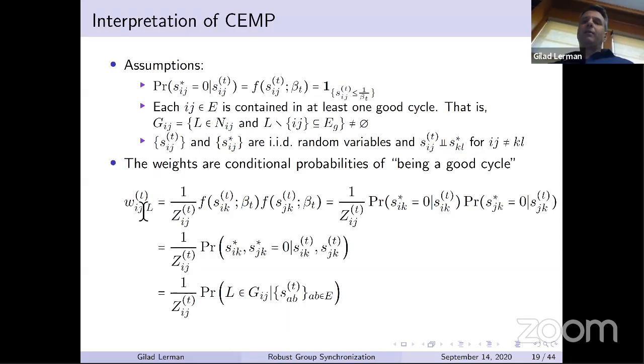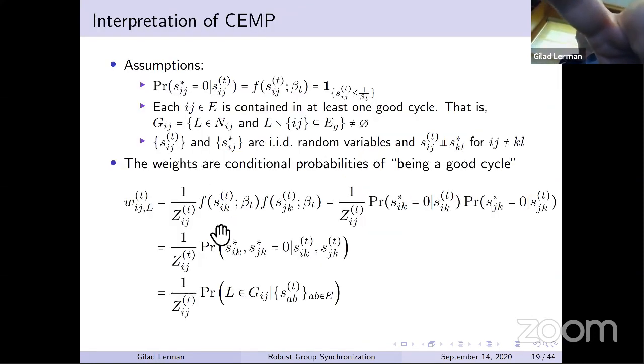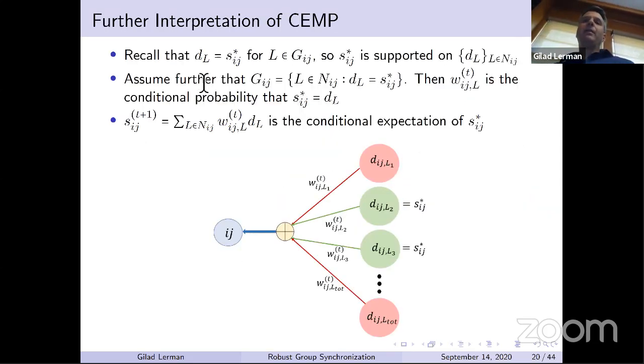I think I should have here t plus 1. So we got the conditional probability that L is good. Now I told you before that if L is good, then you have the equality d_L equals s_ij star. So let's assume that both are equivalent, and we can have some model under which having a good cycle is equivalent to having the cycle inconsistency equal to the corruption level.